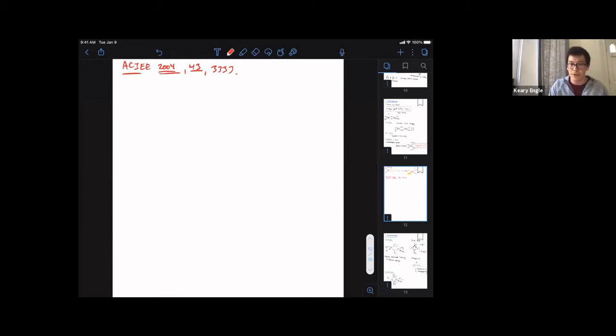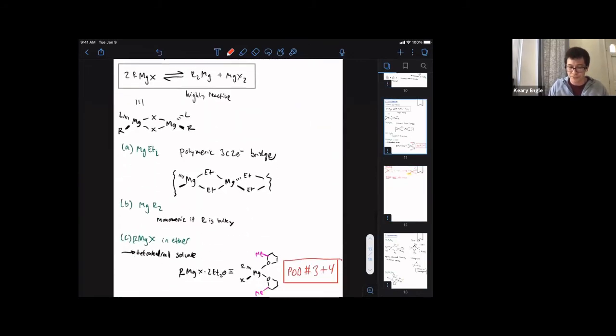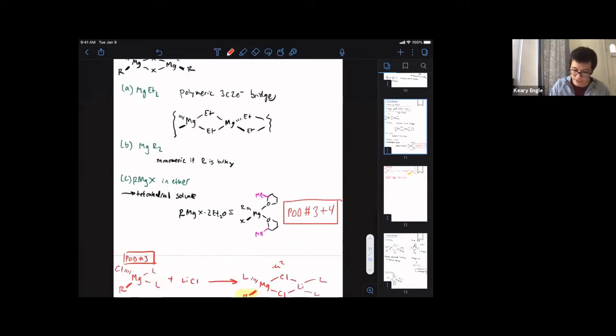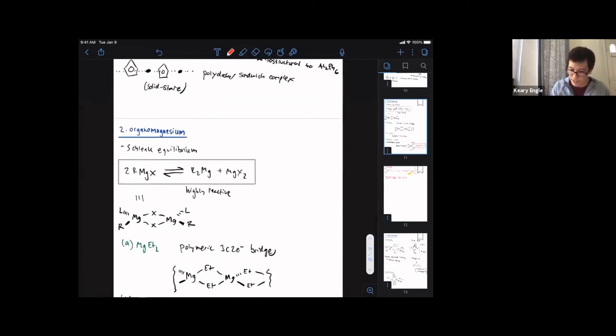I'll scroll back here so you all remember this. And it's essentially asking, how is this Schlenk equilibrium perturbed upon addition of dioxane? So let's copy this so we have it handy down below.